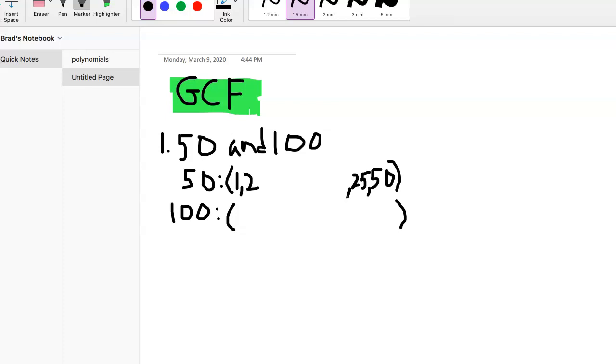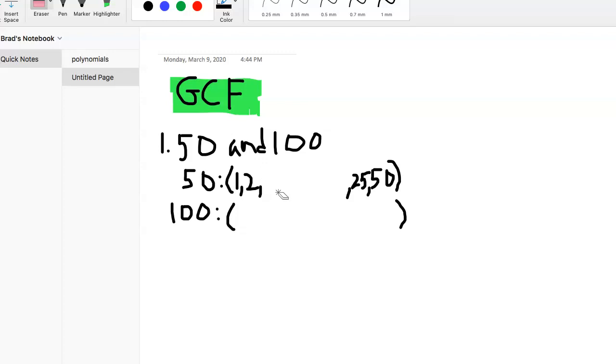And then after that, what else do we got? 3. We know 3 times 33 is 99, so 3 doesn't work. What about 4? 4 times 25. It's a good number. Oh, whoops, we're doing 50. I already jumped to 100, my bad. 4 doesn't work either.